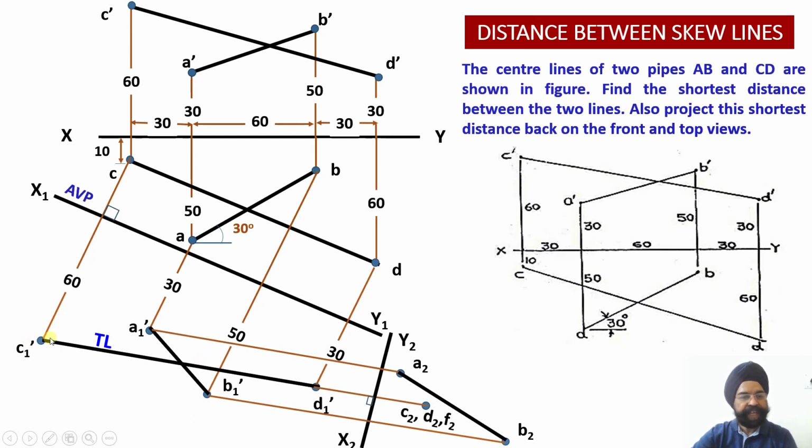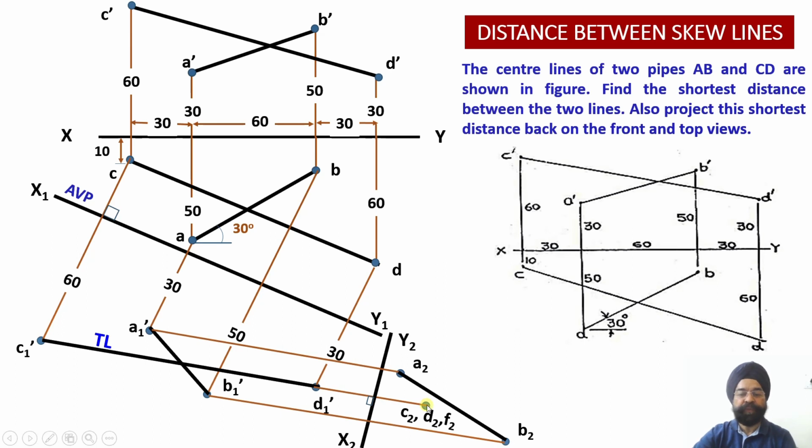And since I have been able to successfully obtain the point view of this line, because I had my second auxiliary plane AIP x2 y2 perpendicular to this true length, and this plane was perpendicular to the line C1 dash D1 dash, whether my F1 dash lies here or here or here, it would lie on the same point view of the line.